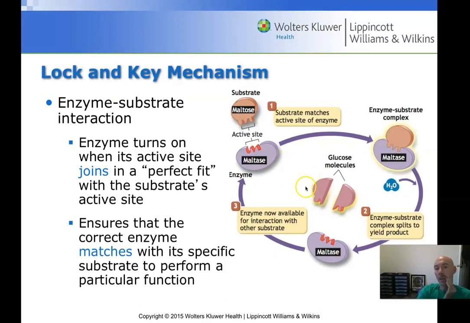But what we see is once these two things bind together at what is known as the active site, now we have what is known as the enzyme substrate complex, okay? Sometimes other things will react with the complex, such as in this example, water.